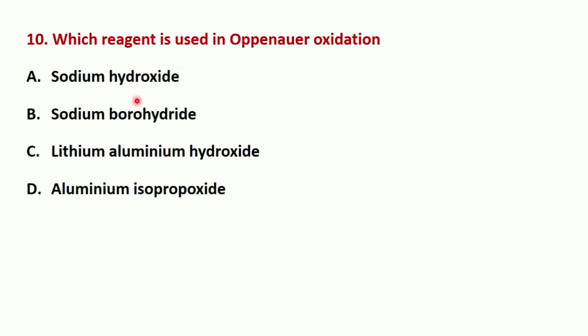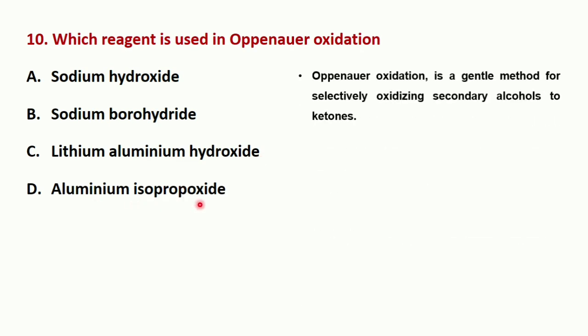And the next question: which reagent is used in Oppenauer oxidation? So in the Oppenauer oxidation, what is the reagent we are using? Sodium hydroxide, sodium borohydride, lithium aluminum hydride, or aluminum isopropoxide. The Oppenauer oxidation is a gentle method for selectively oxidizing secondary alcohols to ketones.